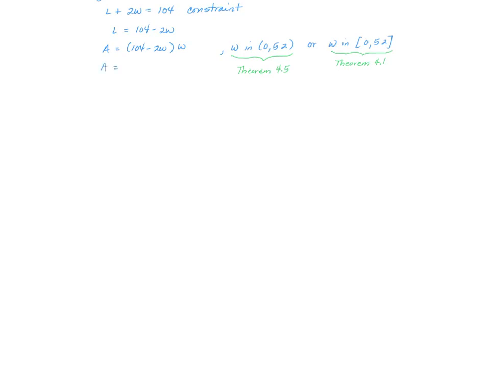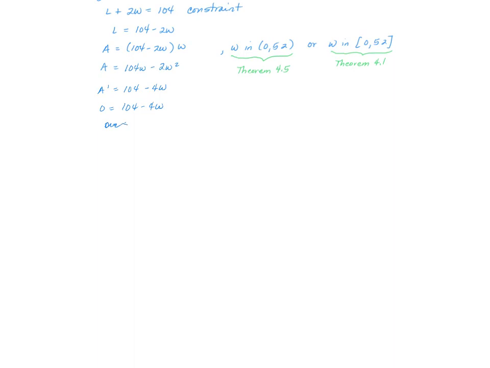I'm going to go ahead and multiply through by the W to write 104W minus 2W squared. So the derivative would be 104 minus 4W. If I set that equal to 0 to find my critical points, I have W is equal to 26.